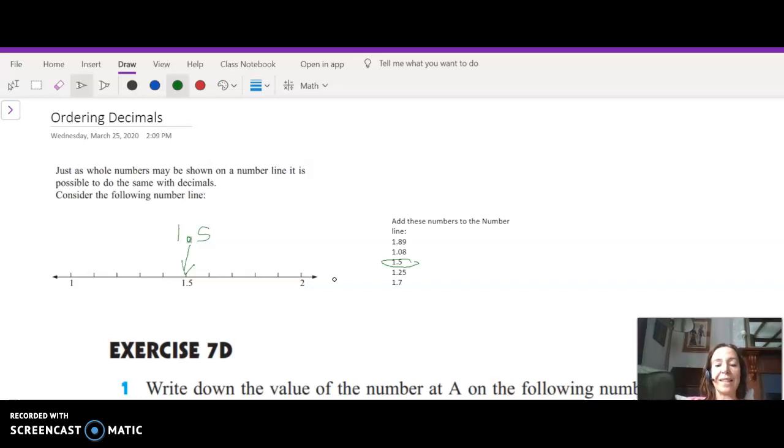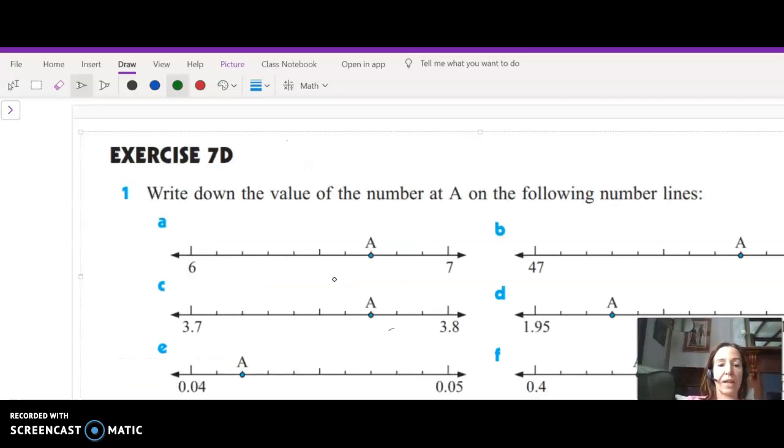Now 1.89 is a little bit more difficult. If this is 1.5, 1.6, 1.7, 1.8, and this is 1.9 over here, then where would 1.89 lie?